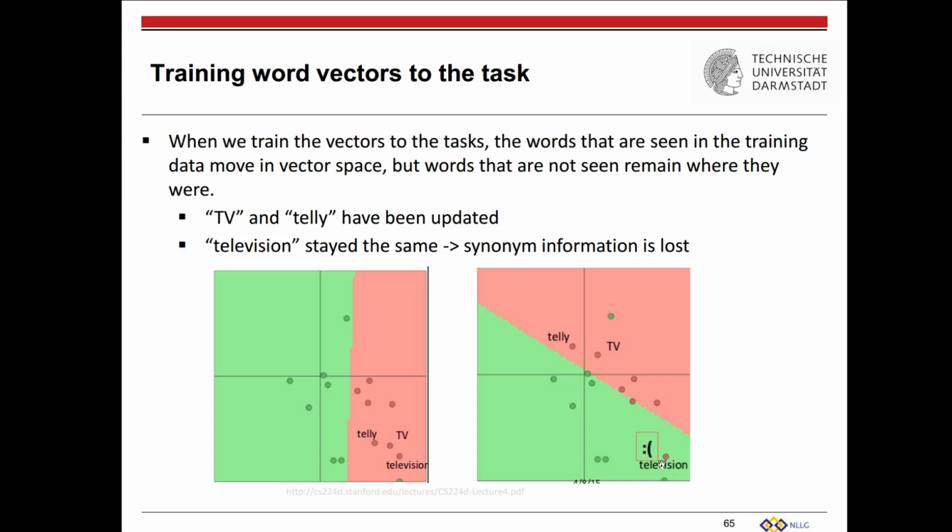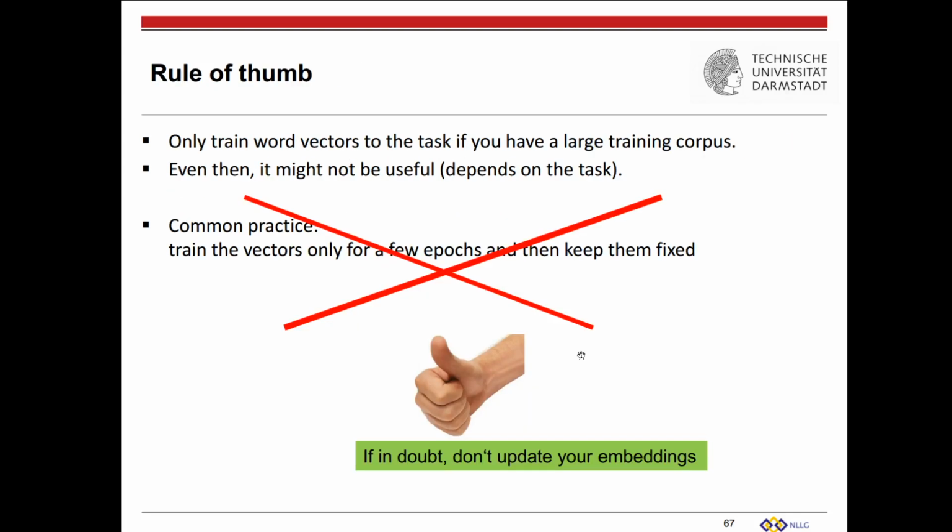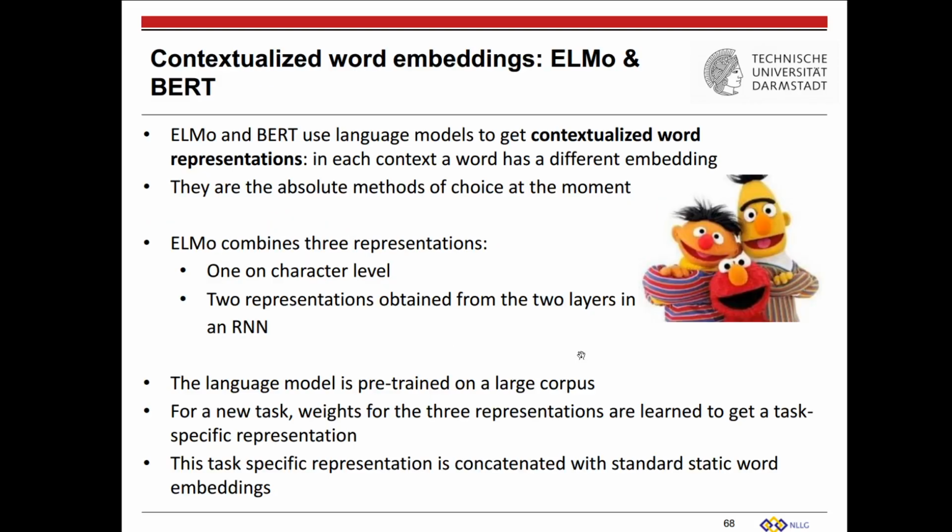So now, if television comes in, and maybe after the training also the decision boundary changes, well, they change their location quite a bit. So if this word comes in, we would get a different classification than these two words up here, right? So the rule of thumb is, if in doubt, don't update your embeddings. Just leave them fixed as they come pre-trained from the internet.